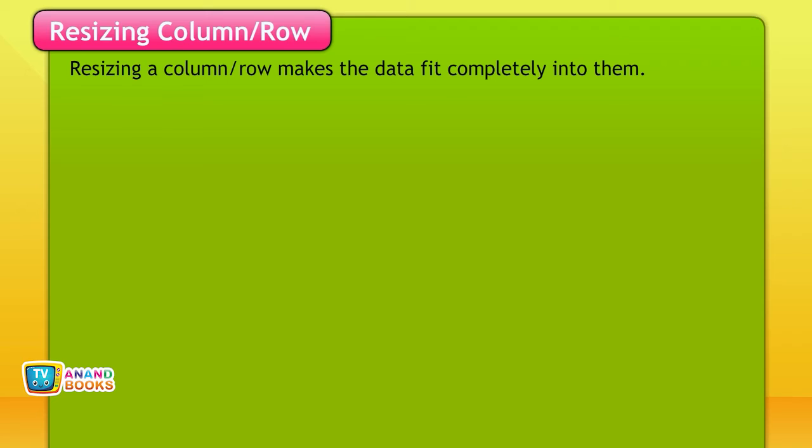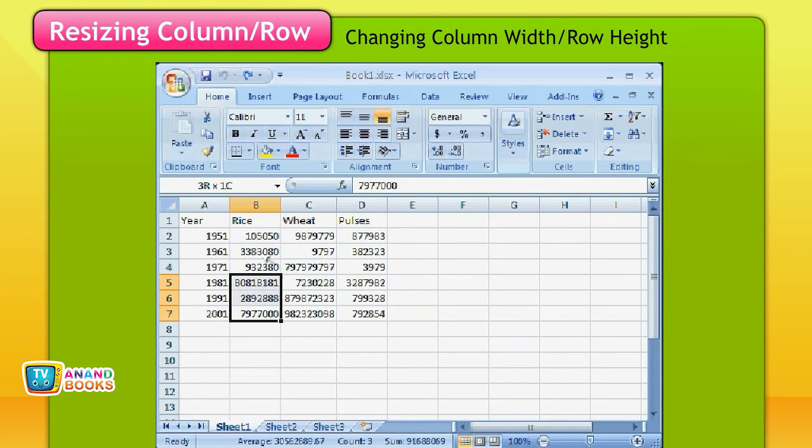Resizing column or row. Resizing a column or row makes the data fit completely into them. Changing column width or row height. 1. Move the mouse pointer over the border of the heading of the column whose width you want to change. 2.